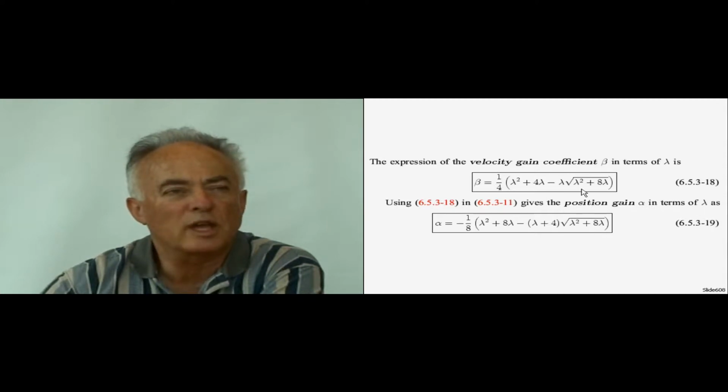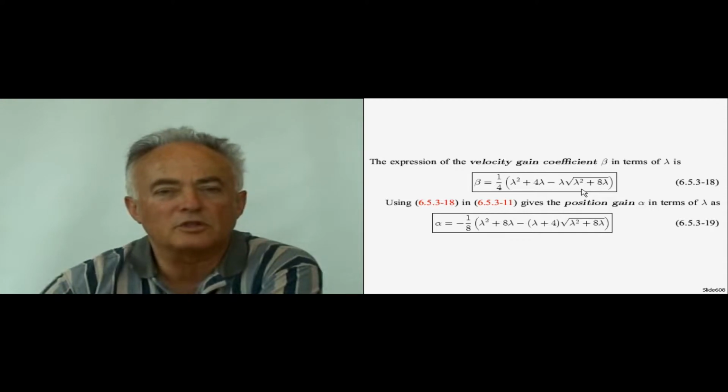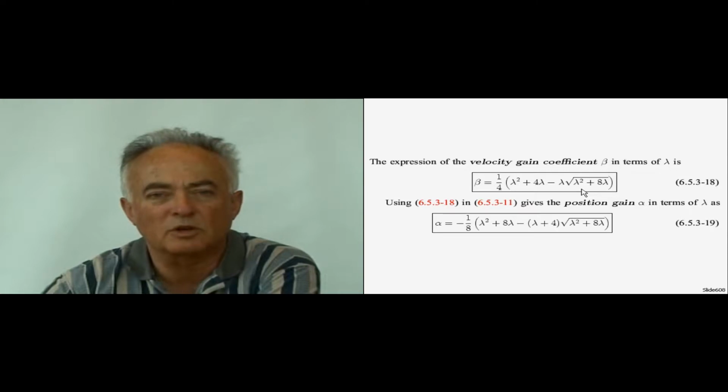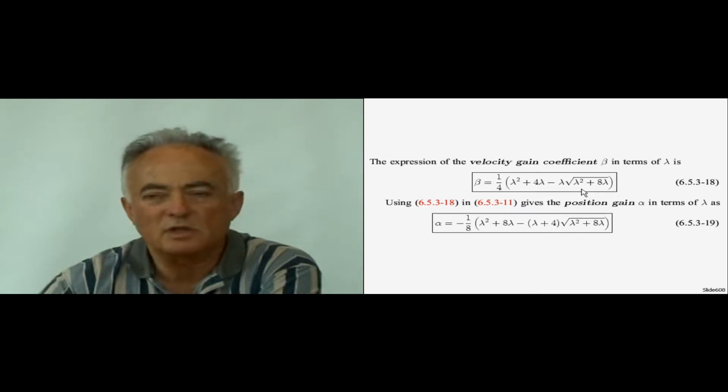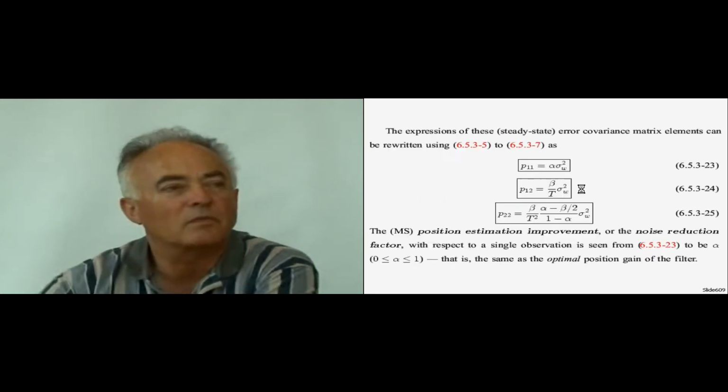So these two gains really depend on nothing but this dimensionless quantity, the ratio of two position RMS uncertainties, motion versus observation. And this is very interesting because that's the real quantity that we have to select in a particular system when we design it.